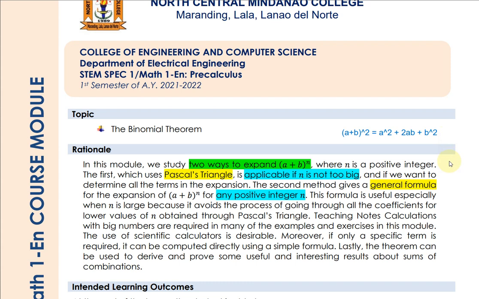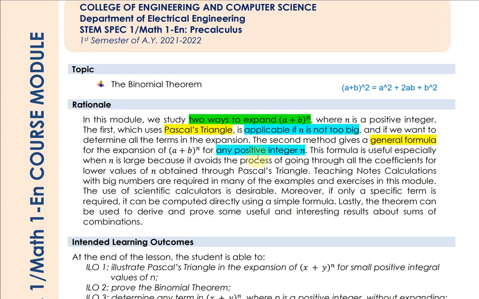While the second method that I will be teaching is the binomial theorem. There will be a general formula for expanding this expression. Again, this is only if our n is a positive integer. This formula is very useful, especially when our n is very large.